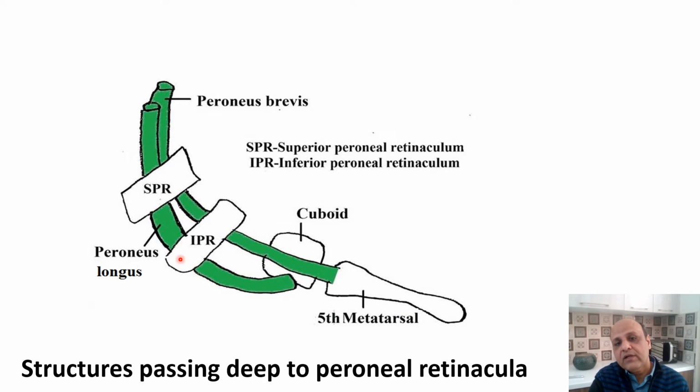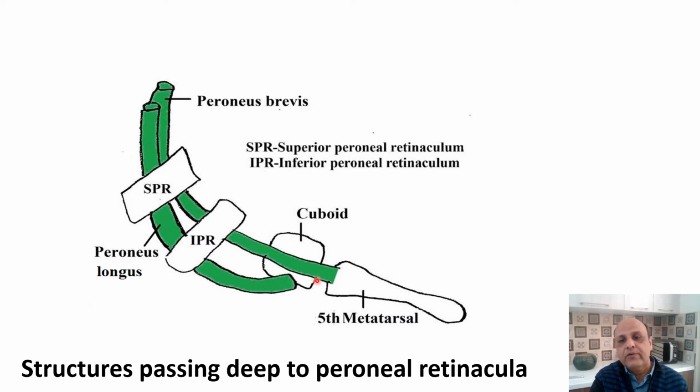So peroneus longus is on the lateral side, and peroneus brevis also passes deep to the retinacula. These two muscles both arise from the lateral surface of the shaft of the fibula, and they pass deep to the peroneal retinacula, and the peroneus brevis gets inserted onto the lateral aspect of the base of the fifth metatarsal. And these two peroneal muscles go towards the lateral side, so they cause eversion of the foot.